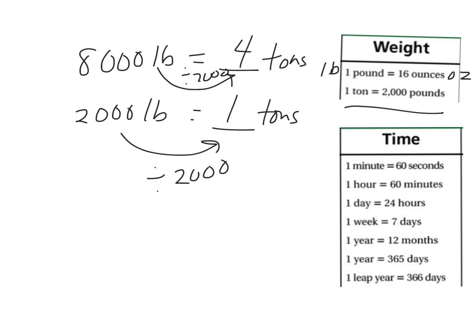I can also, if I see a connection here, realize that to go from 2, I can multiply times 4 and know that I'd multiply this times 4. A lot of times you won't be able to see that, so using the strategy of recognizing how you divide by 2,000 to divide by 2,000 is a great way to do this.